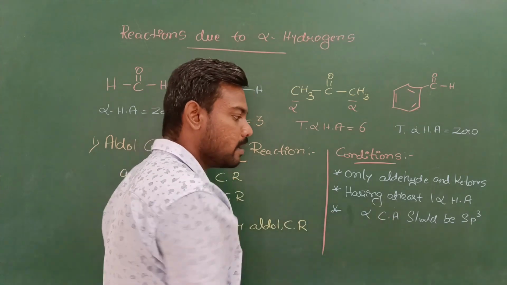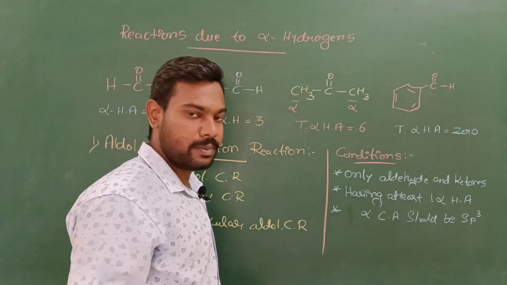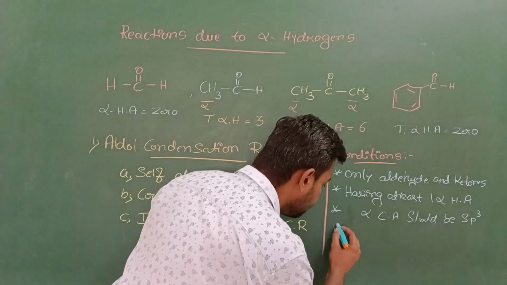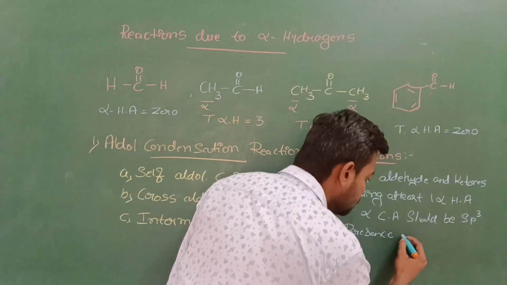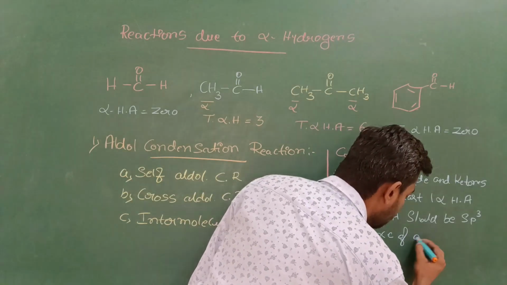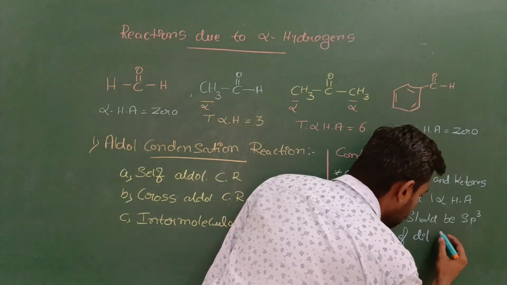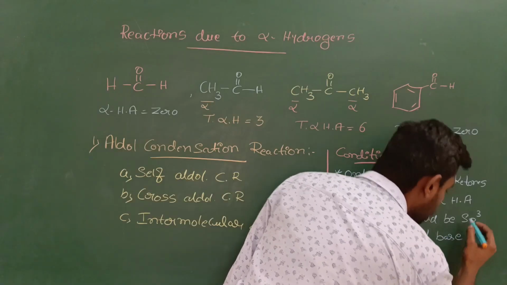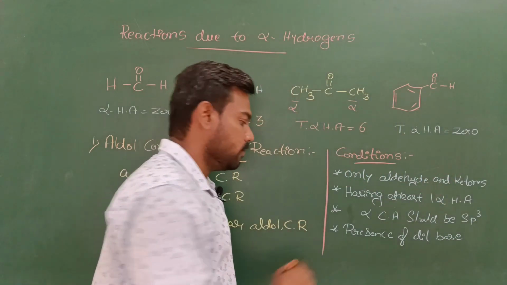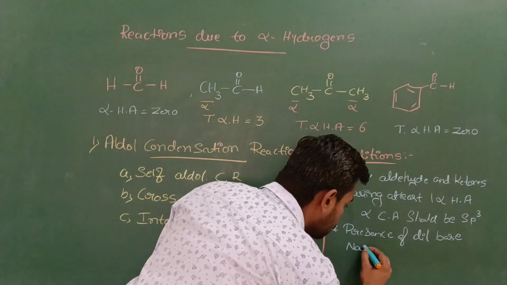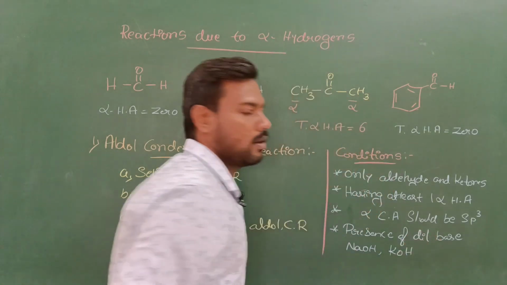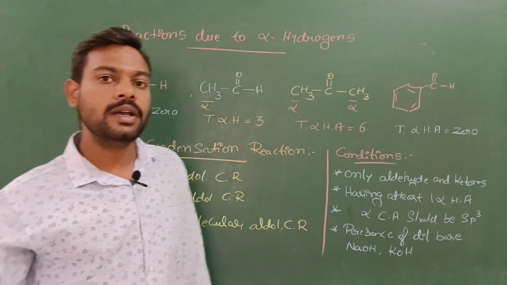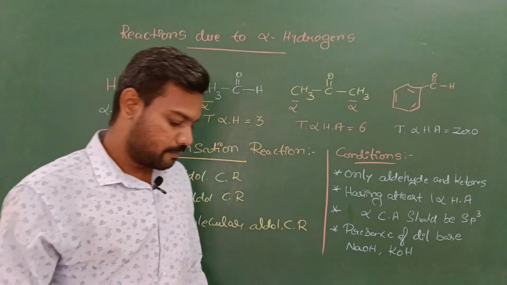The alpha carbon atom should be sp3 hybridized, and there should be the presence of a dilute base, for example, sodium hydroxide and potassium hydroxide.